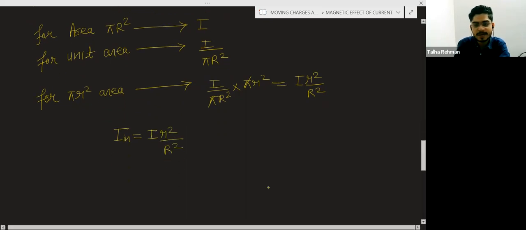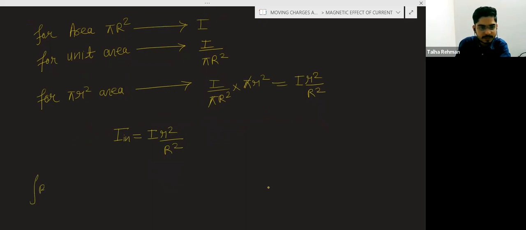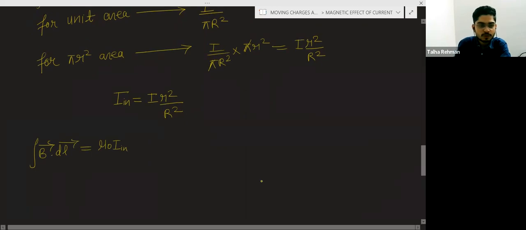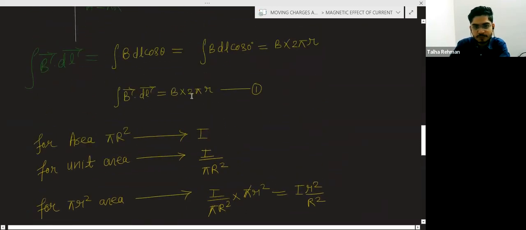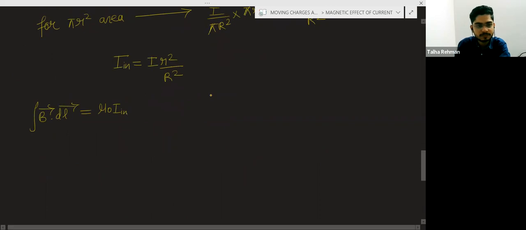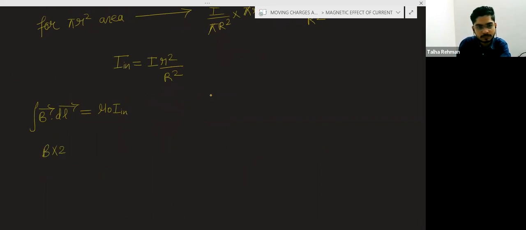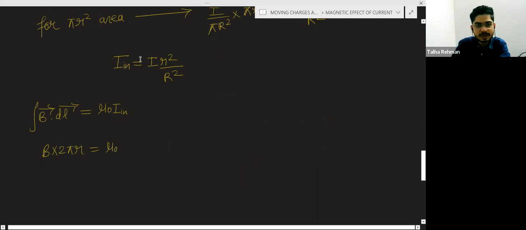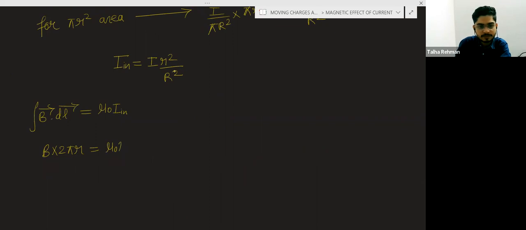Now we will apply Ampere's law, that is B dot dl is equal to mu 0 into current enclosed by the loop. So B dot dl, we have B into 2 pi r, equals mu 0 into the current I into r square by R square.